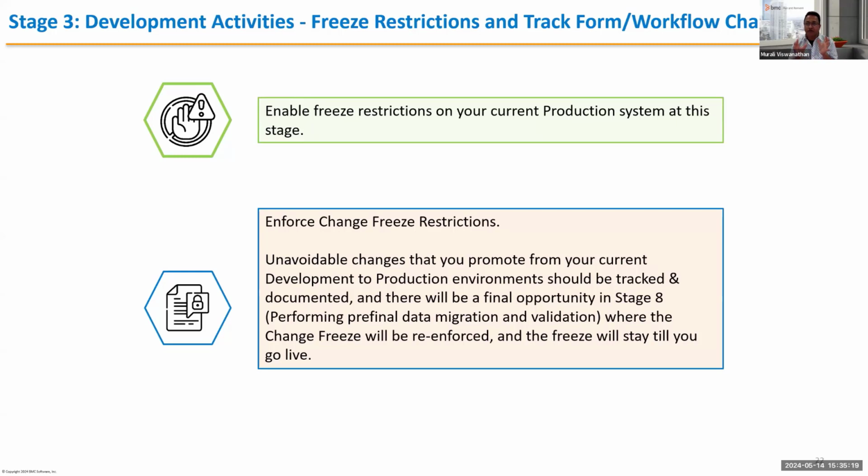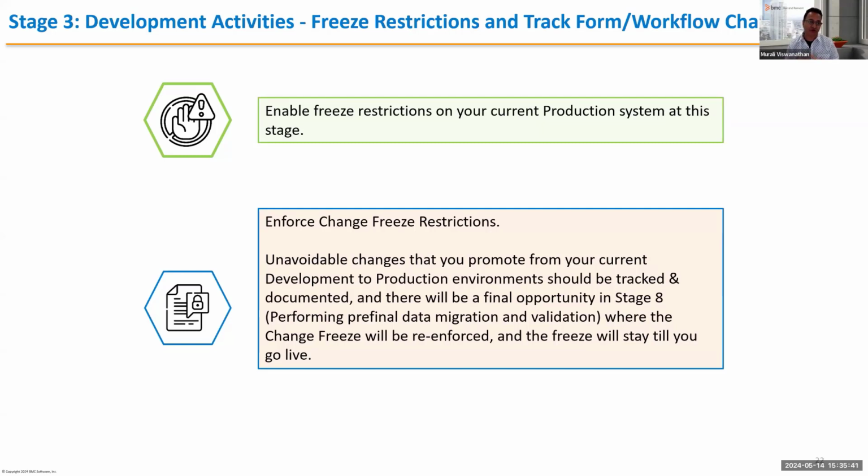All I'm saying is find a spot where you can enable this freeze. From stage 3 to stage 8 or 9, they can still make changes and promote them, but let's make it calculated. That's the main recommendation and message we want to send you.